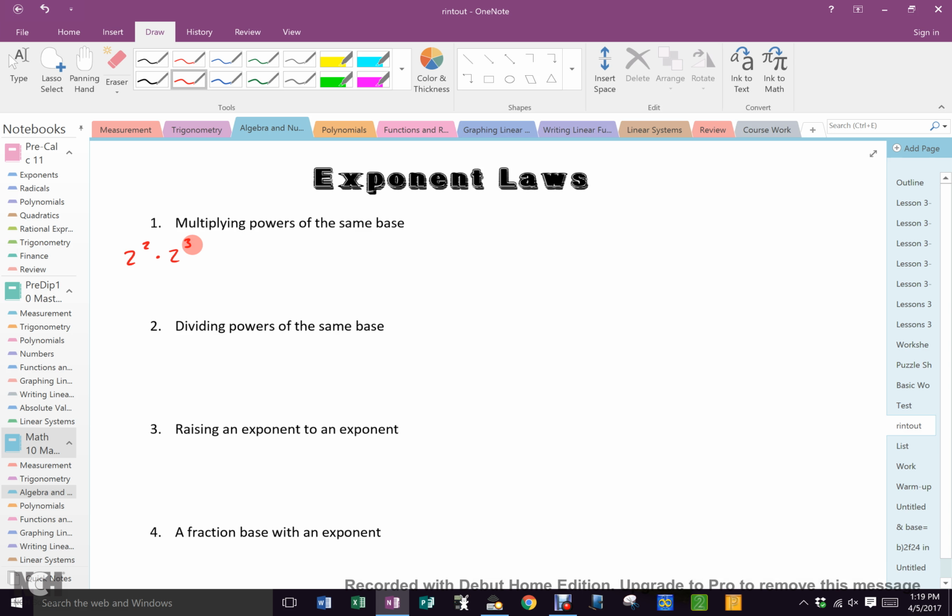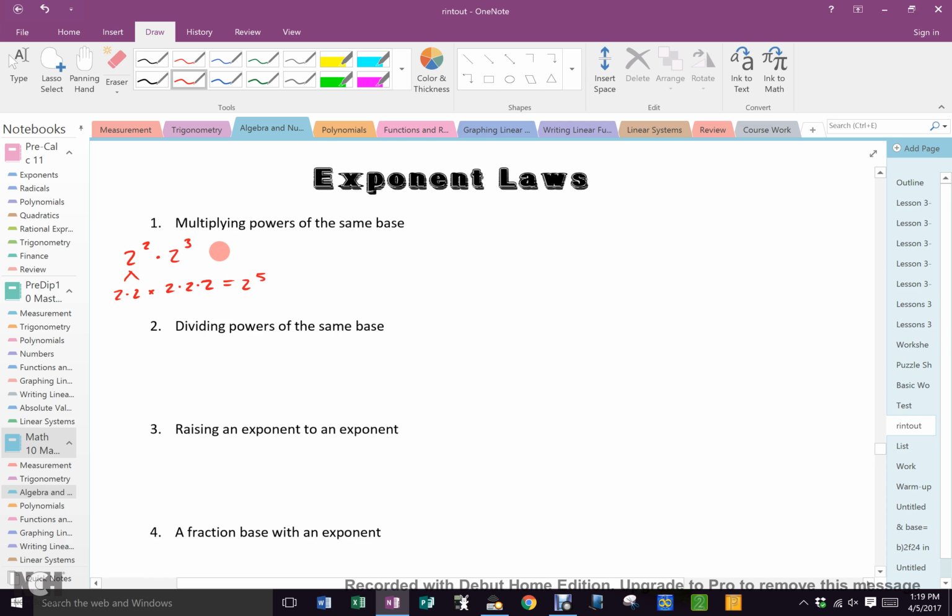By learning a shortcut, that will screw you over when I pile 5 or 6 different ones in the same question. Okay? That's better. That is 2 times 2 times, that is 2 times 2 times 2. That's 5 2s, so it's 2 to the 5th.